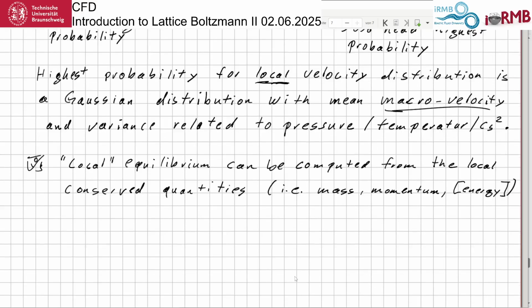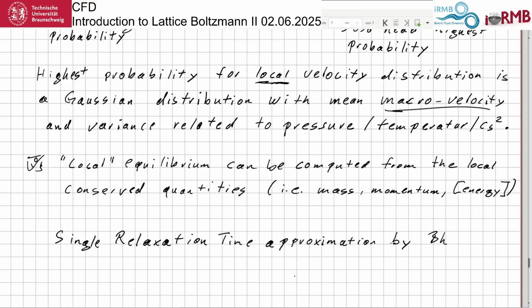Now one example for this is the so-called single relaxation time approximation. This is actually implemented also in virtual fluids.